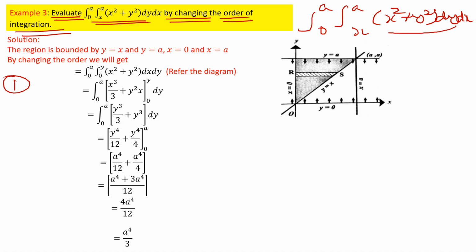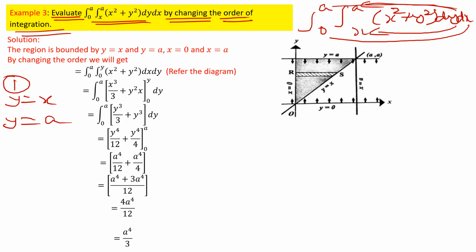So here y equal to x, y equal to a. Then the outer limit, x equal to 0, x equal to a. Then step number 2, we have to construct the region.